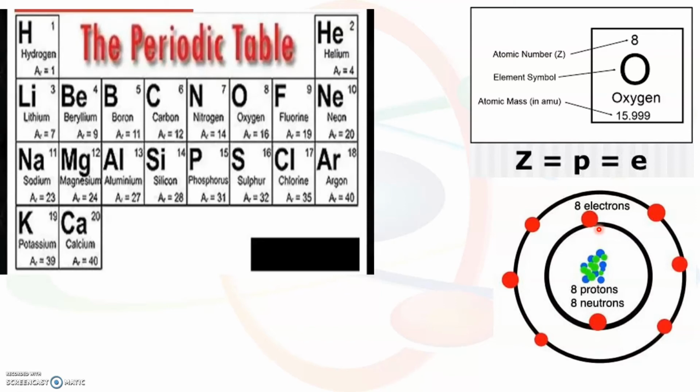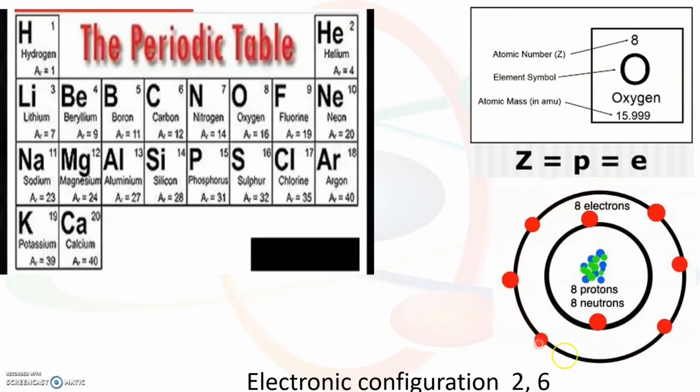So here in case of the oxygen atom, the distribution of electrons is 2 electrons in the first shell and the remaining 6 electrons in the second shell. The second shell can hold 8 electrons. So since the total number of electrons is 8, 2 electrons are placed in the first shell and the 6 remaining electrons are placed in the second shell.